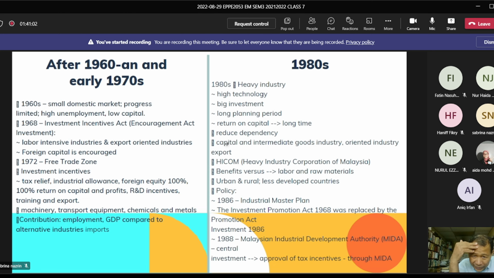Oh, you didn't mention on the left. No, you mentioned here it was replaced. Even PR, the name is PR of 1960. Oh, okay. Investment Incentive Act 1968. Okay.